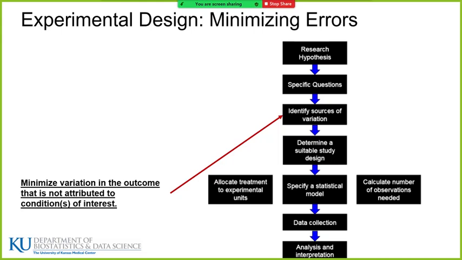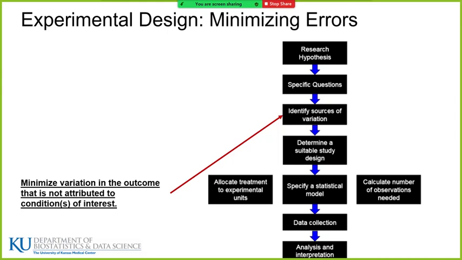So for instance, in a randomized controlled trial, where I know the patient's gender is going to cause them to respond either better or worse to a particular treatment, or maybe women are much more variable in their response than men, then I want to figure out how I am going to account for the sex of the participant in the evaluation of the association between the treatment and the outcome.